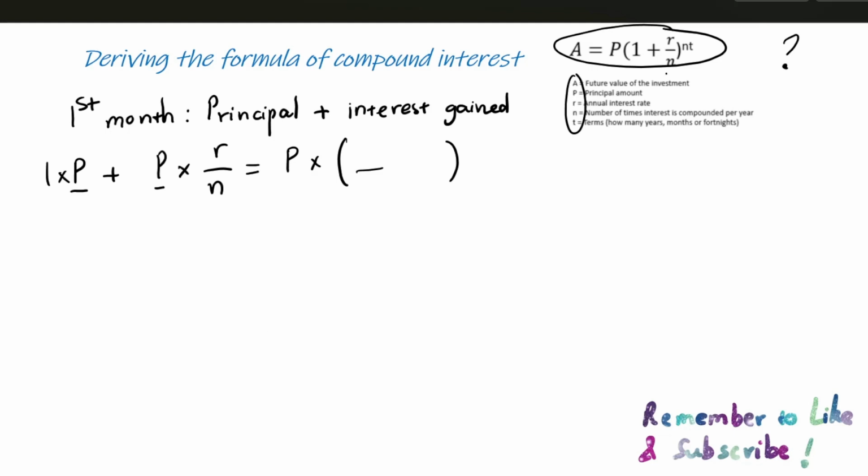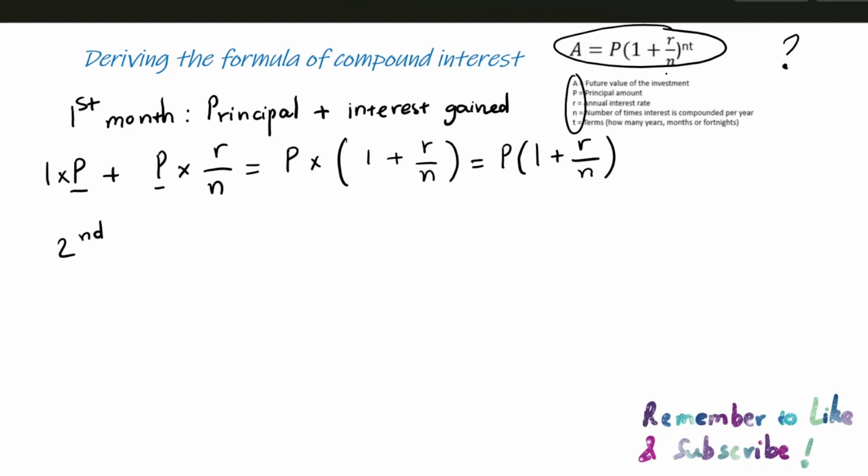P is essentially 1 times P. So if I take P outside the bracket, I would have only 1 left in the bracket. And then on the second term, because I've put P on the outside, I would have R over N left. So there we have it: P times bracket 1 plus R over N. Now just to make it a bit simpler. And there we go.